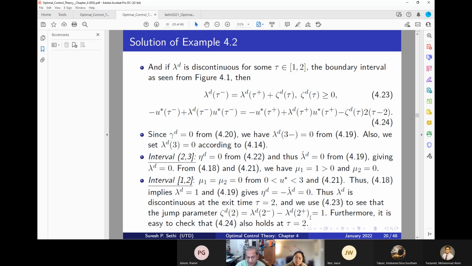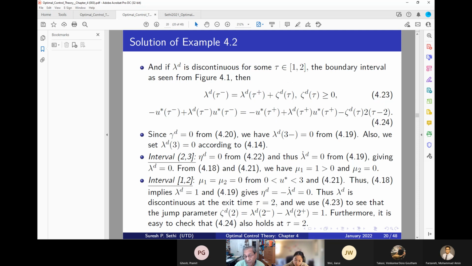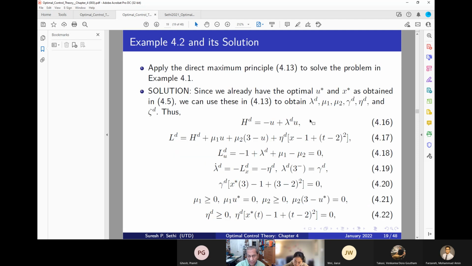So you plug in there and you find out that this is also satisfied. That way we can show that all of these conditions are satisfied. And remember, these are necessary conditions. They must be satisfied. We conjectured a solution which was very reasonable, and we now show that the direct maximum principle conditions are satisfied, and so that's that. Okay.